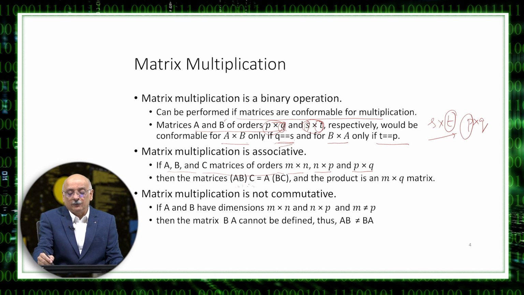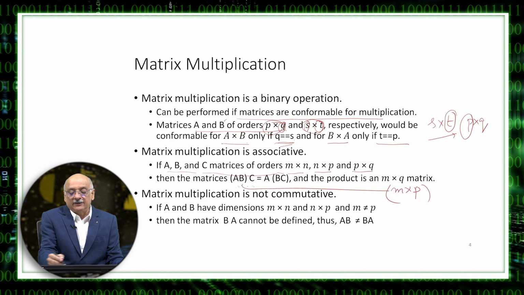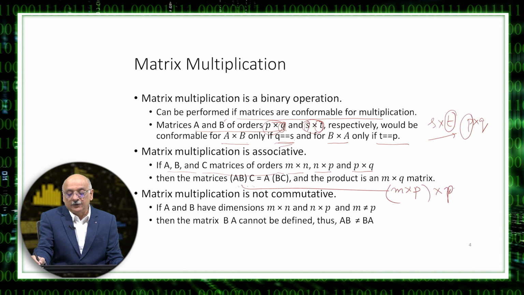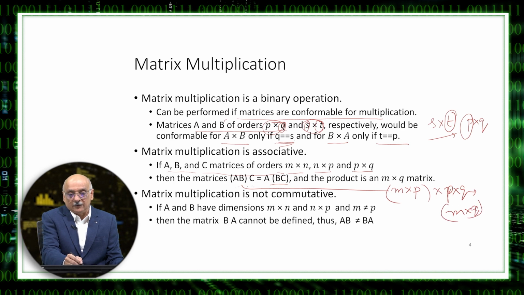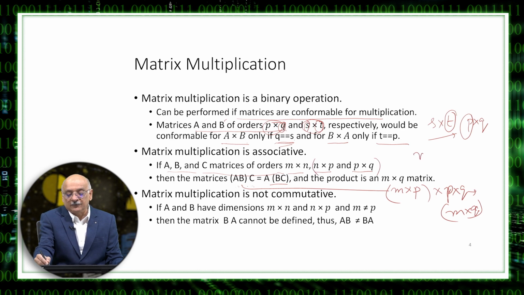When you do AB multiplication, you produce a matrix of size M into P, and then this matrix is multiplied with P cross Q to produce a matrix of size M into Q. And if you multiply A with the product BC, first you multiply BC, which produces N into Q as the product.